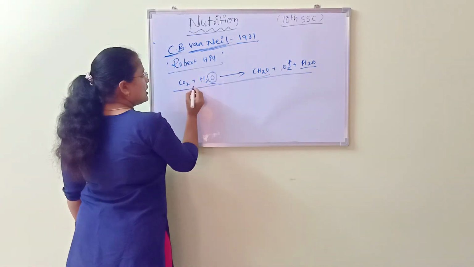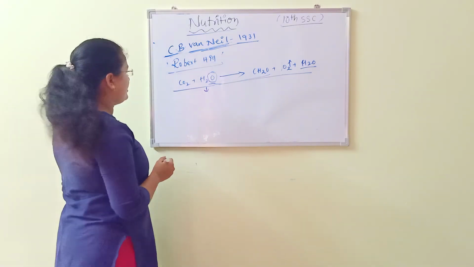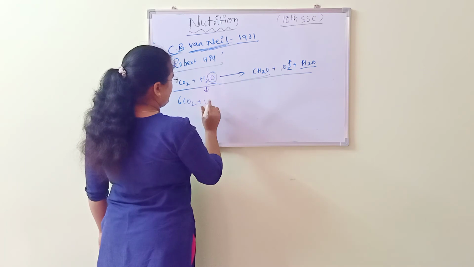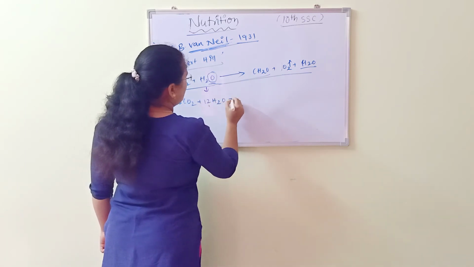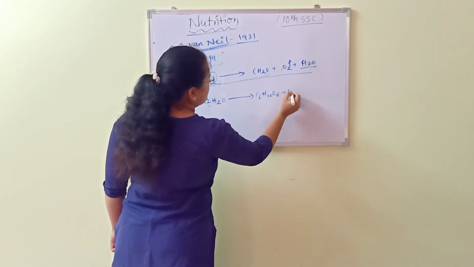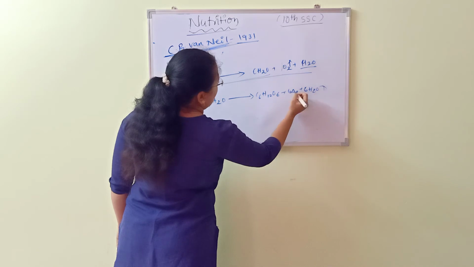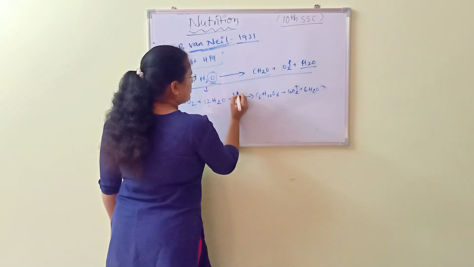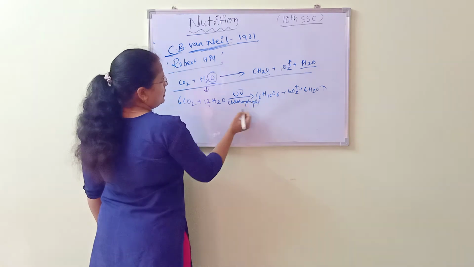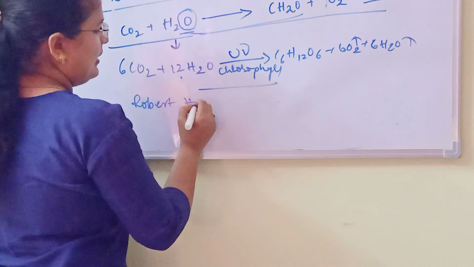Not only this, he represented the new equation that whatever we are using. See, 6CO2 plus 12H2O gives C6H12O6 plus 6O2 plus 6H2O, in the presence of sunlight and chlorophyll. It depends on the moles only. This equation was given by the scientist Robert Hill.